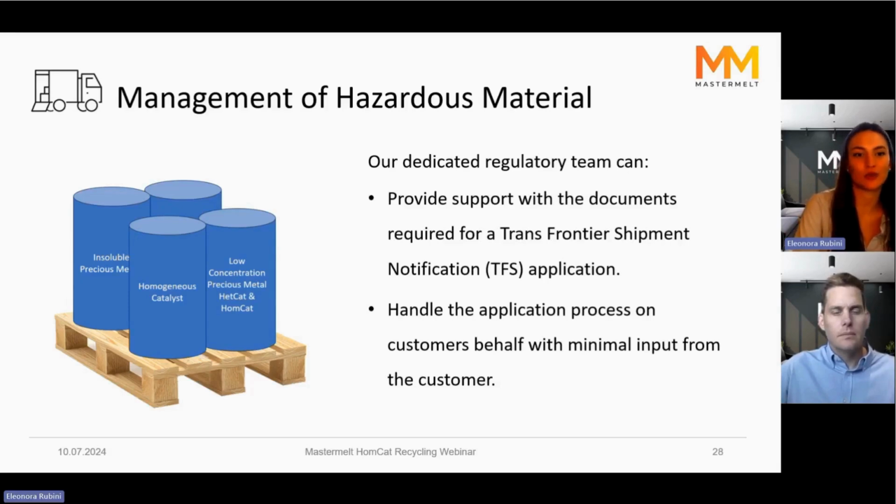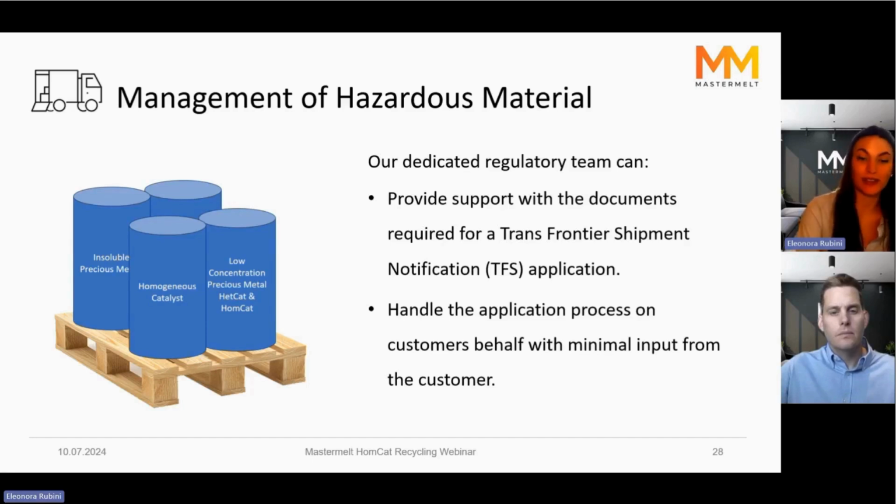In the case that you do have some hazardous material and it is more complicated, we have a team that is dedicated to these regulatory issues and that has, at the moment, two options to help and support you. One is that we provide all the documents that are required and give you support in this application.